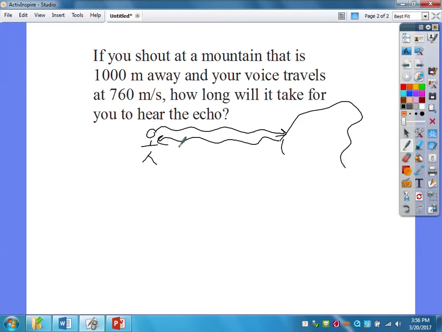Okay, so for this one, it's kind of strange. I actually like to double the distance here. It's 1,000 meters out and 1,000 meters back that my voice traveled at 760 meters per second. And so therefore, my total distance is 2,000 meters that it traveled, because I'm saying how long will it take for it to go there and bounce back and for me to hear it.